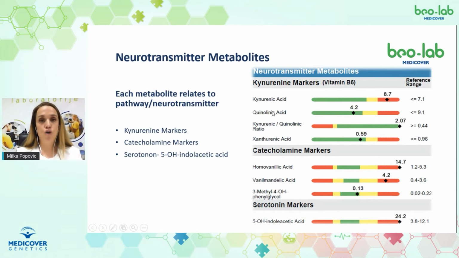The higher level of quinolinic acid, this one, not many studies have been conducted with children on the autism spectrum, but we have some information that frequently the quinolinic acid levels are higher in persons with schizophrenia, depression, even people with Parkinson's disease, Huntington's disease, and also in some viral infections.